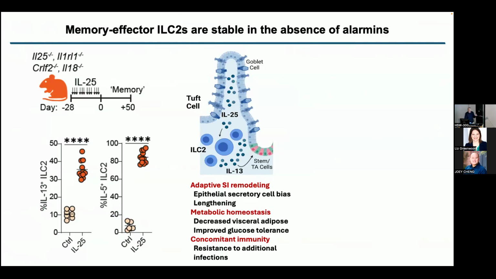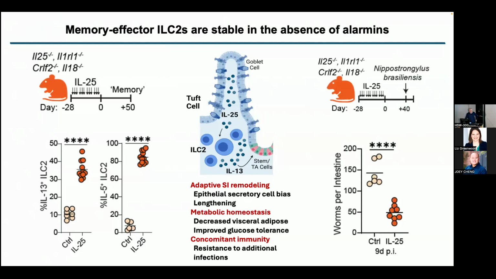And the way I think about this is the barrier has actually been fortified, by this constant output of IL-13 and IL-5, so that things that perturb take longer to accrue. And so they have a much higher threshold to be activated by alarmins. It may say something about whether certain alarmins are going to make a really good target. And as best we can tell, all of these alarmin knockout mice recapitulate the entire phenotype.